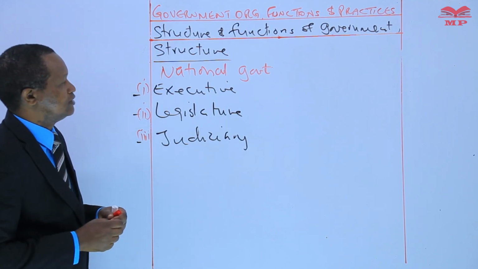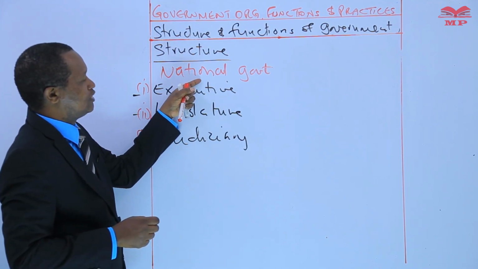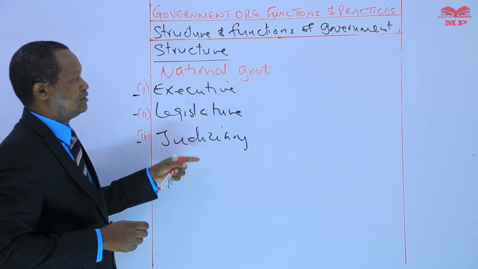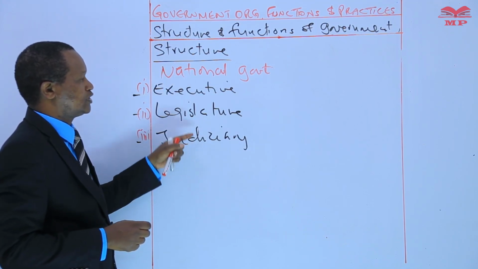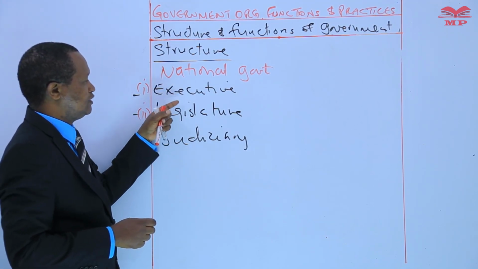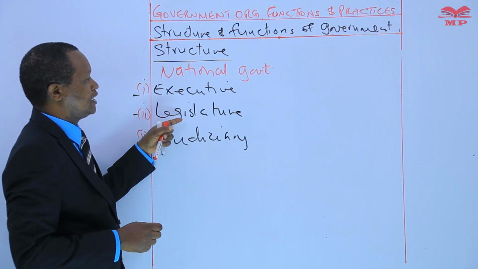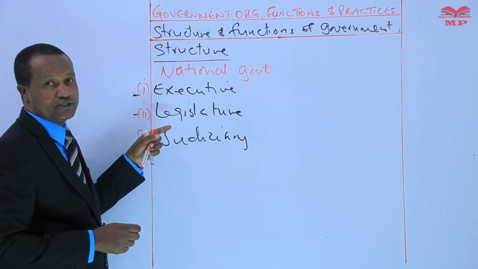You understand? The power at the national government is spread across, so that no single individual or institution has sweeping powers.